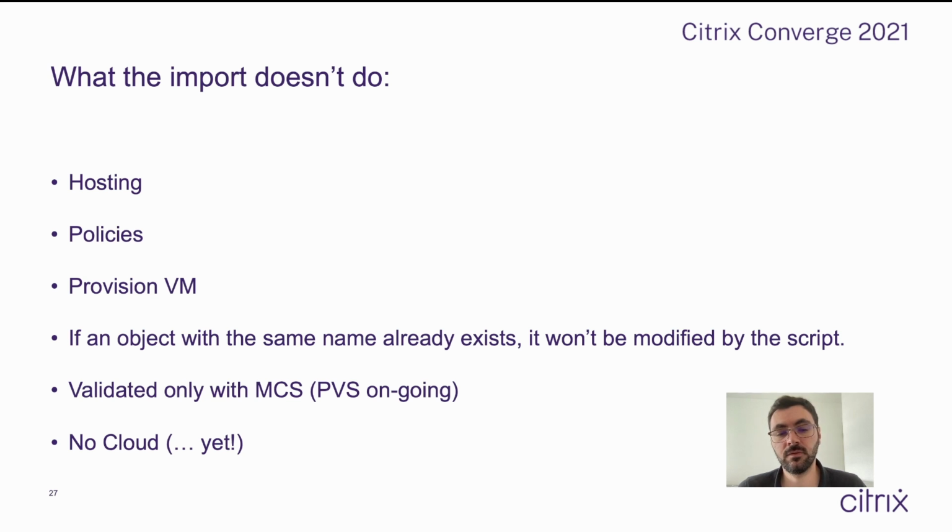It doesn't provision VMs, of course, because I don't want to create 1000 VMs on your hosting while your whole Citrix site already has 1000 VMs running, so I don't want to crash your production environment. And if an object with the same name already exists, it won't be modified by the script. For now, it's only validated with MCS, PVS is ongoing, and it doesn't do any cloud yet.